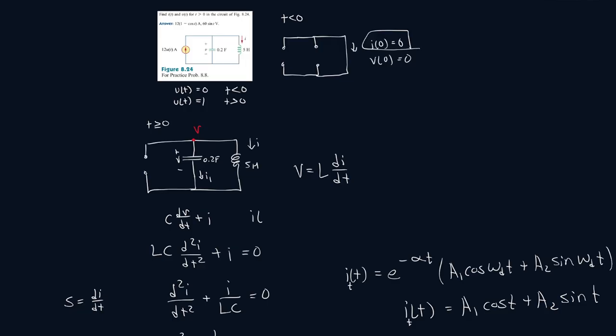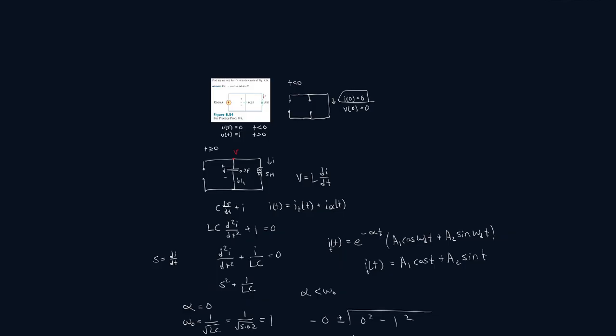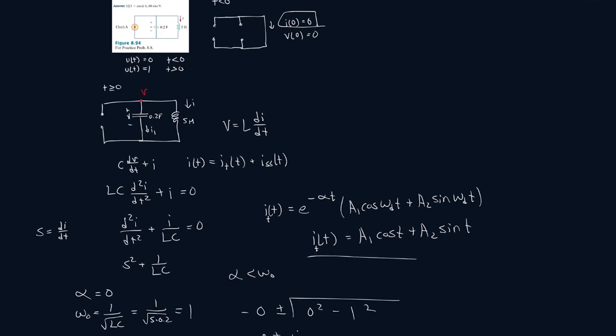To get the actual IT value, it's going to be our transient current plus our steady state current. Right now, since we ignored the current source here, we only have the following, so that's our transient current.